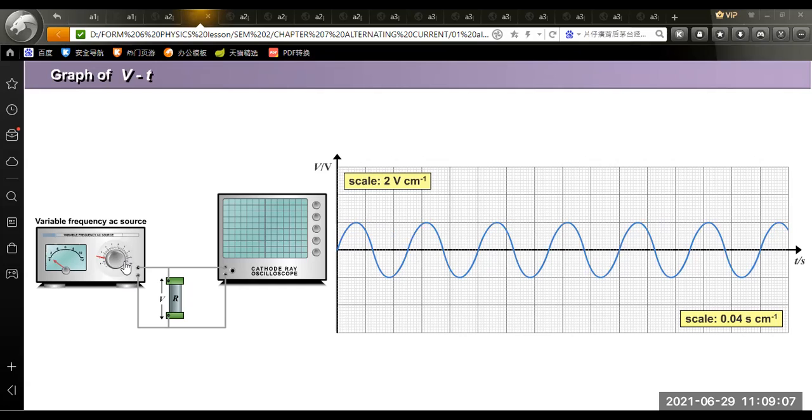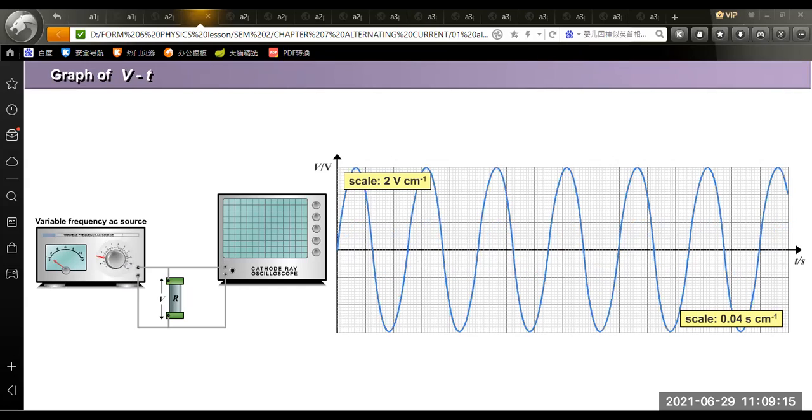How about the amplitude? If the amplitude is doubled, this shows that the amplitude becomes higher, or the amplitude becomes double if we double the alternating current.